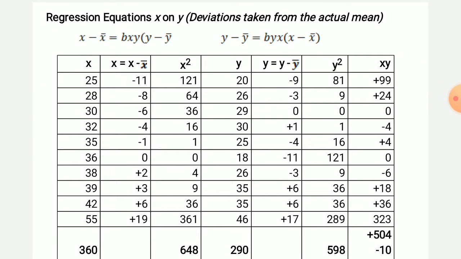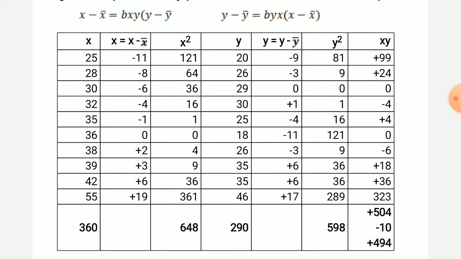Now y minus y bar: 20 minus 29 is minus 9, 26 minus 29 is minus 3, 29 minus 29 is 0, 30 minus 29 is plus 1, 25 minus 29 is minus 4, 18 minus 29 is minus 11, 26 minus 29 is minus 3, 35 minus 29 is plus 6, like that.